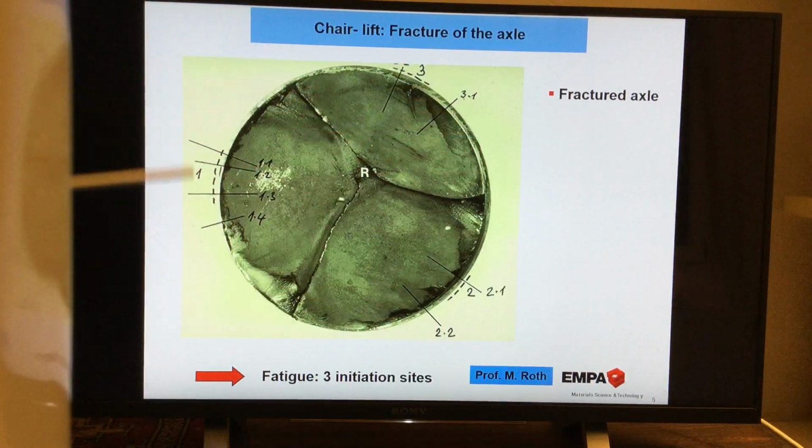So the dimension of this axle is totally right, it's fine from the pure mechanical point of view. This makes it even more mysterious that this very big component had these 3 cracks starting to grow here inside. So we have to investigate this very carefully to find out what happened here. And I can tell you, we did a lot of investigations, and for a long time we really were not sure what was going on.